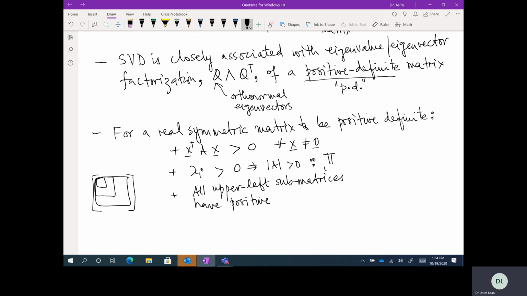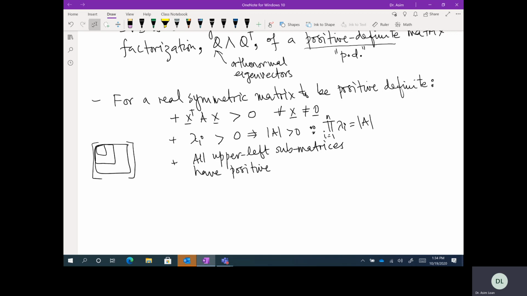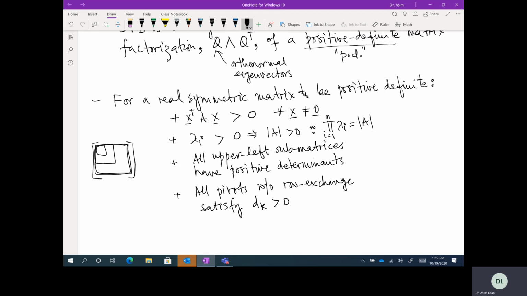Because the product of the eigenvalues is the determinant of A. So all upper left submatrices, and obviously the largest one is the matrix itself, have positive determinants, and all pivots without row exchange satisfy d_k greater than 0. So all pivots are also positive.